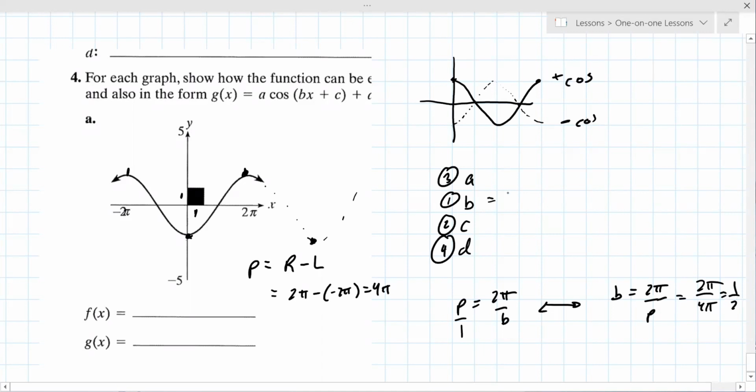And so B is 1/2. Great. C is the phase shift. The fact that this is flipped is not a phase shift. A phase shift is whether it moves left or right, and it does not move left or right. So in this case, C is equal to 0.